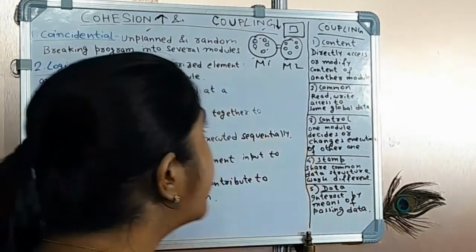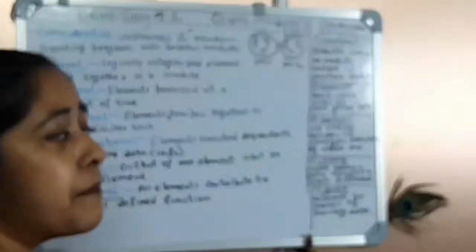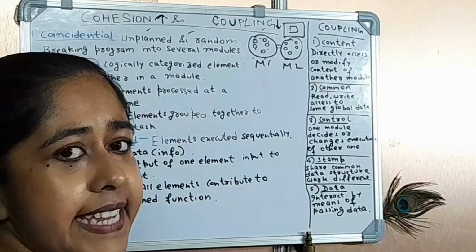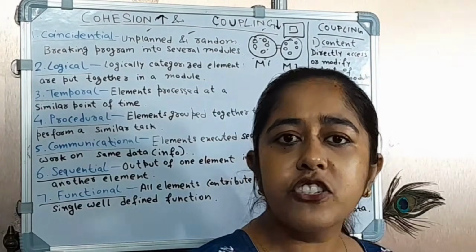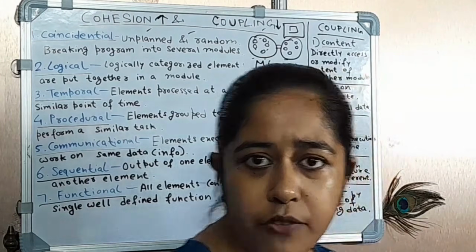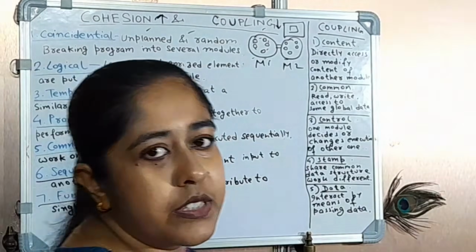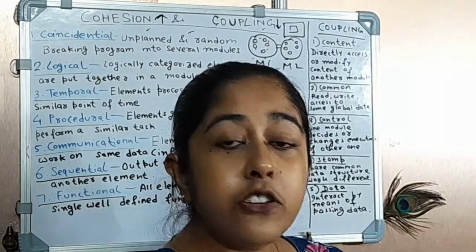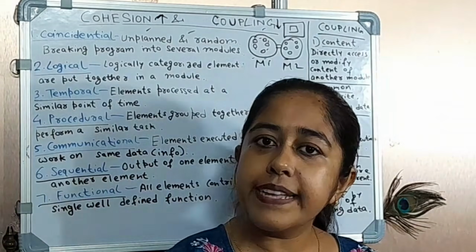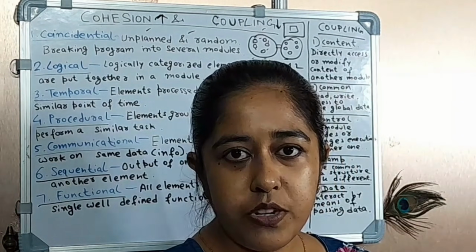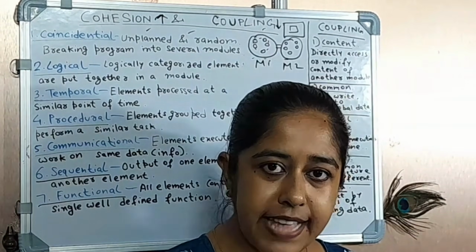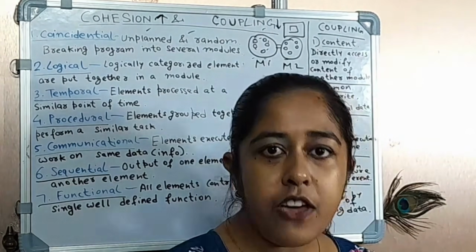Since this is unplanned and random, we are just taking some random interconnection between the elements of the module, as well as breaking the program into several modules. There is no particular number in which we break the elements of our module. So it is unplanned as well as random.